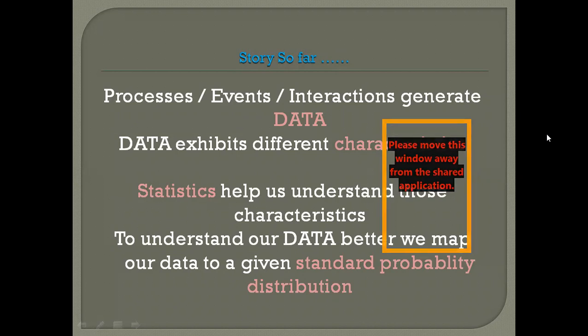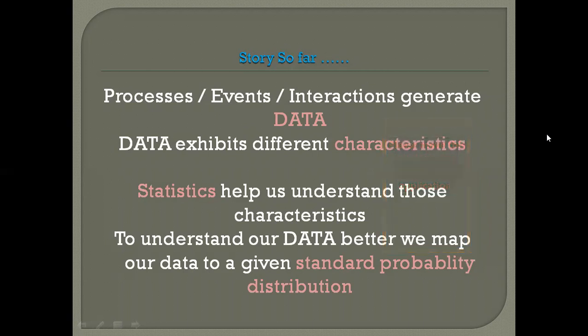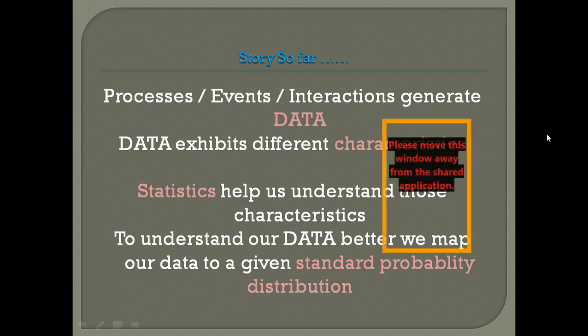And then to understand our data better, we map our data to a given standard probability distribution. Previously, in the last session, we have seen what a probability distribution is all about. We can plot our data in terms of frequency distribution, or we can plot our data in terms of a probability distribution, right?